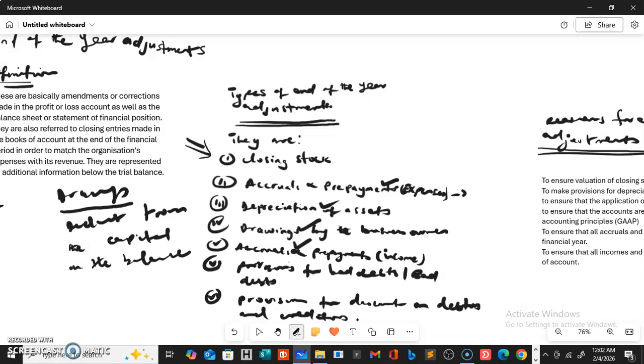So after we recognize that in the purchases account as drawings, we're also going to have that deducted from the capital account.